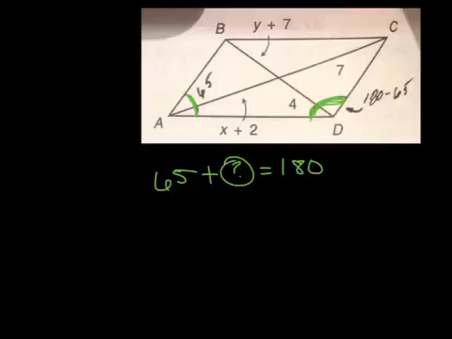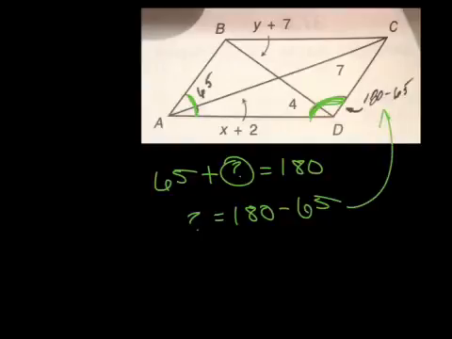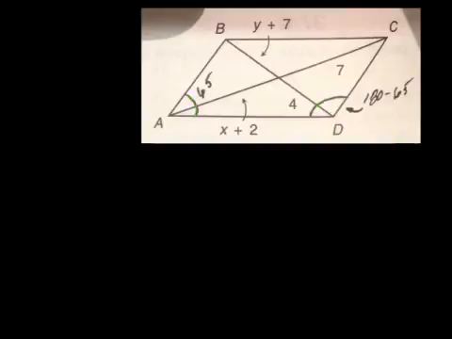So this then is going to equal 180 minus 65, and see, that's what I have right there. So that's that angle. So 180 minus 65 is going to be 115 degree angle.